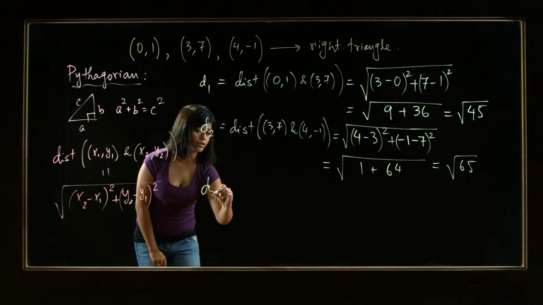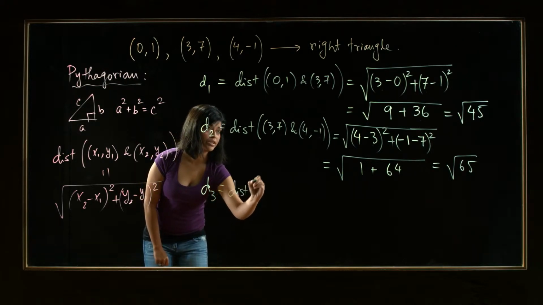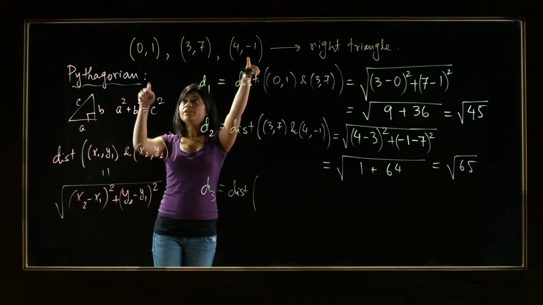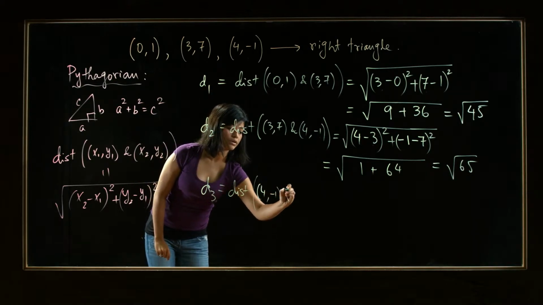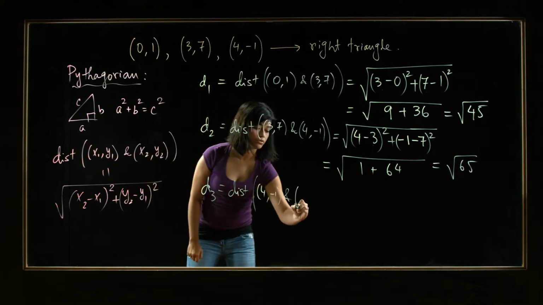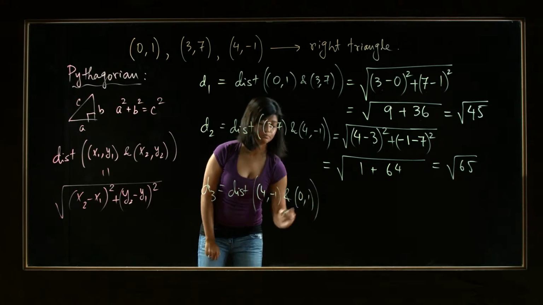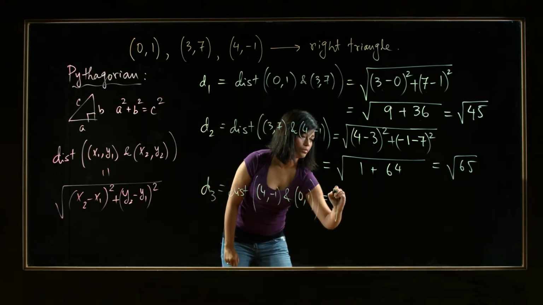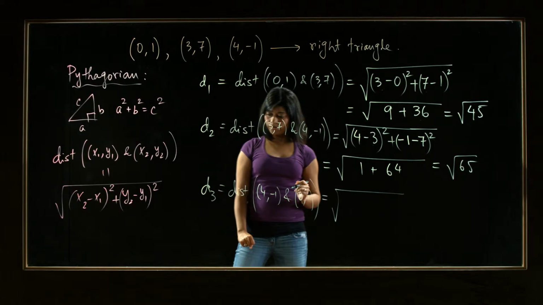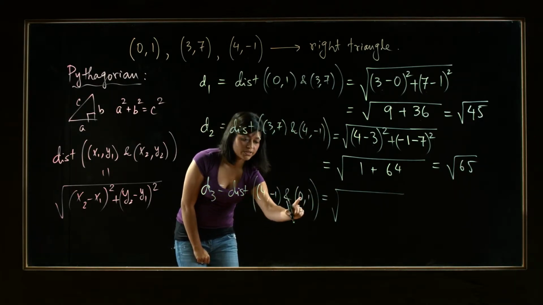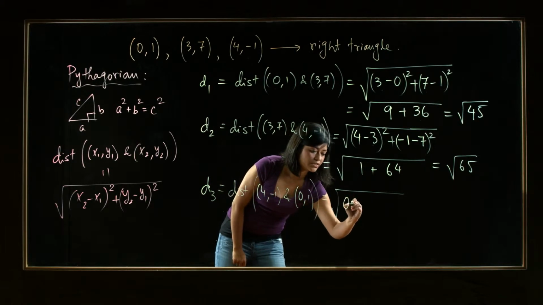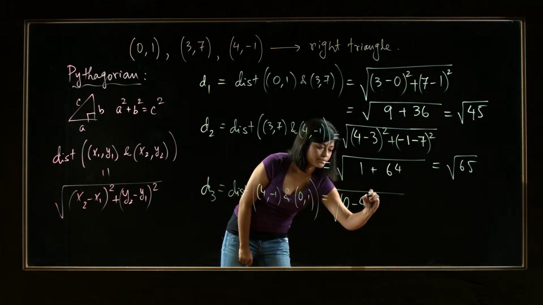Now one more distance. The third one will be the distance between the last point and the first one, (4, -1) and (0, 1). One more time, we use the distance formula. The 2 x coordinates are 0 and 4. Take the difference and square that.